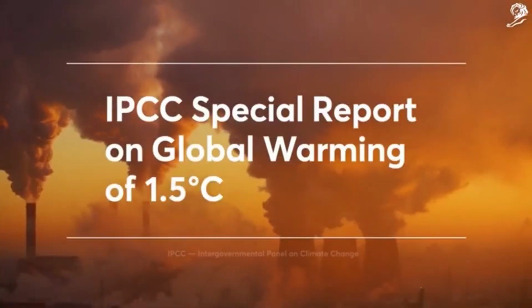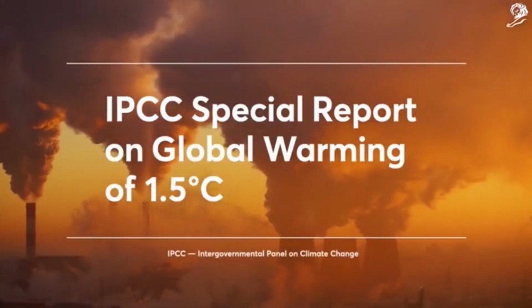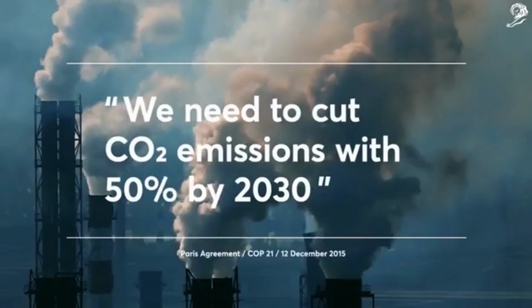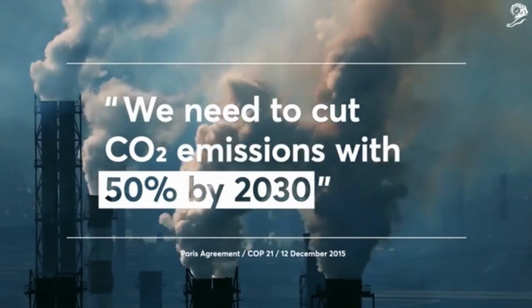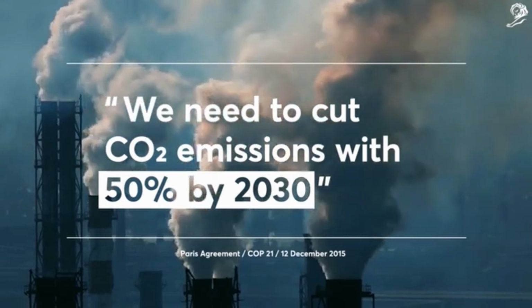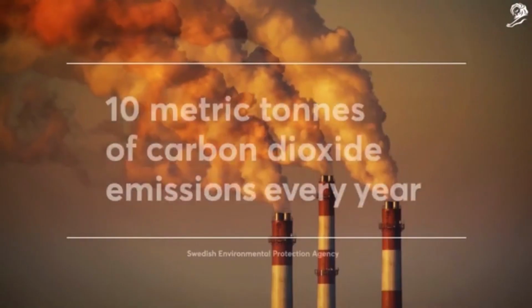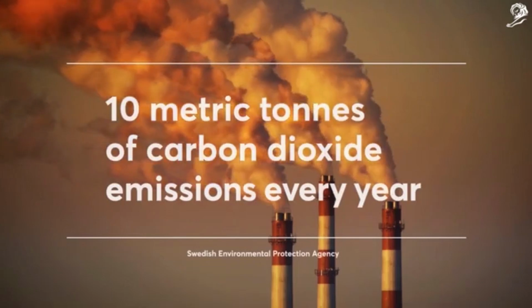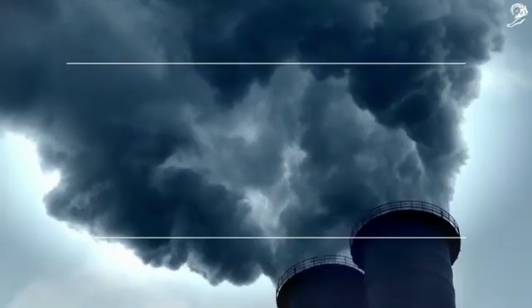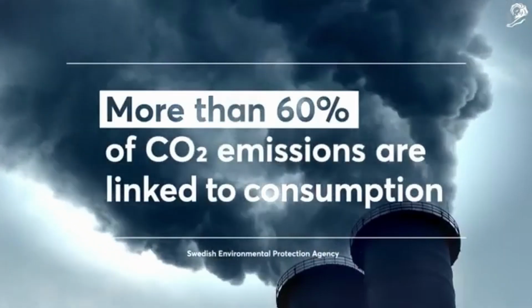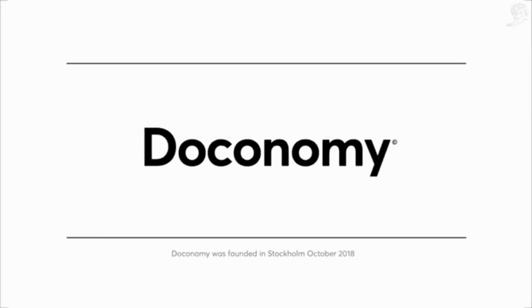In 2018, the United Nations released an urgent report emphasizing the need to cut carbon emissions in half by 2030, in order to avoid an irreversible climate crisis. The average consumer in Sweden causes around 10 tons of carbon emissions each year, of which 60% is linked to consumption. Later in 2018, Doconomy, a Swedish fintech, took on the challenge and launched Do.